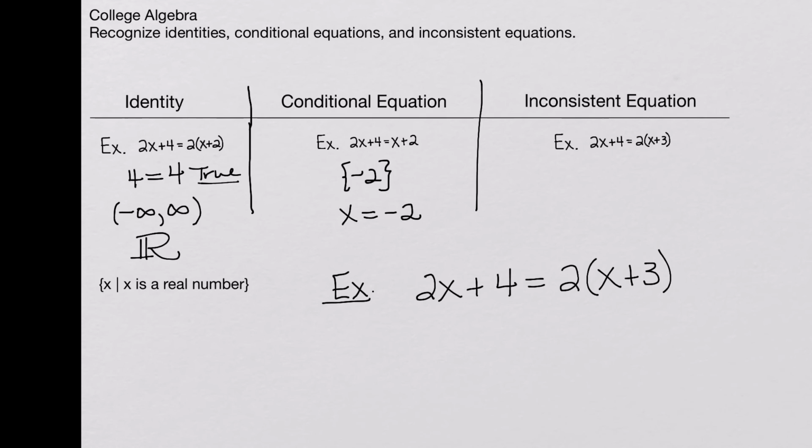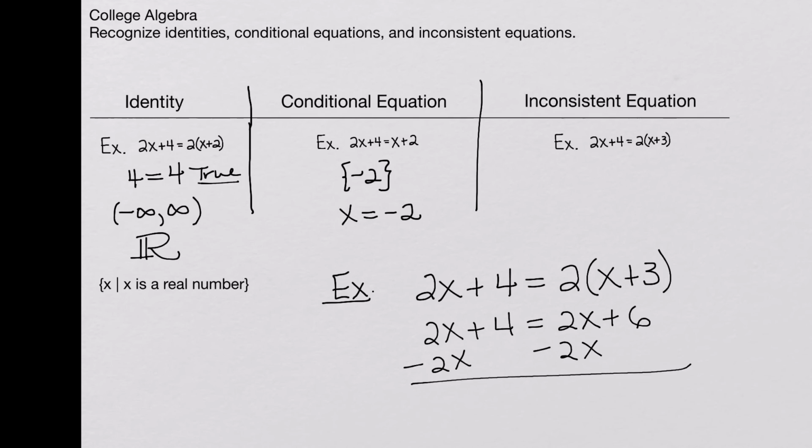All right, so let's distribute that 2 on the right side, and I have 2x plus 4 equals 2x plus 6. So again, I'm going to subtract 2x from both sides, and I get 4 equals 6. Hey, wait a second, that can't be right. So 4 equals 6 is a false statement.